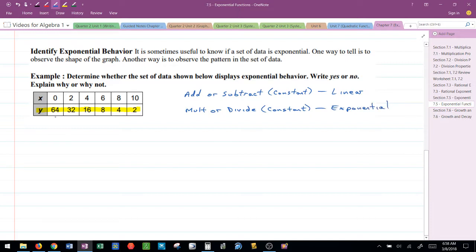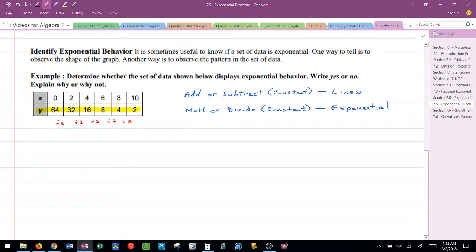So if I look here, I know to go from 64 to 32, I could either multiply by 1/2 or divide by 2. Now, 32 to 16 is also division by 2. 16 to 8. I'm dividing by 2. 8 to 4. I'm dividing by 2. 4 to 2. I'm dividing by 2.